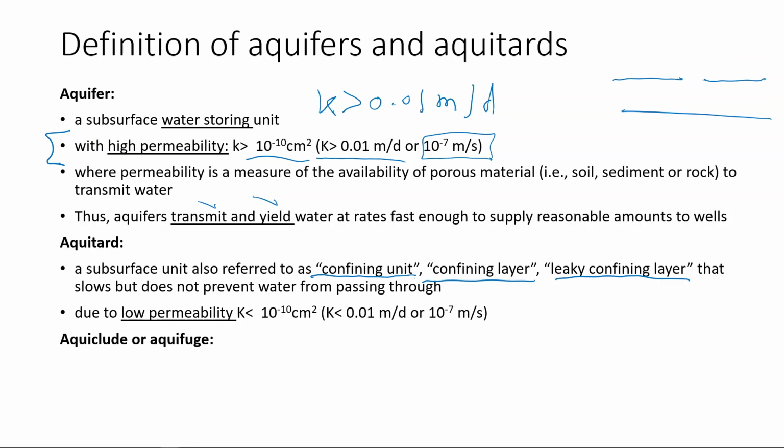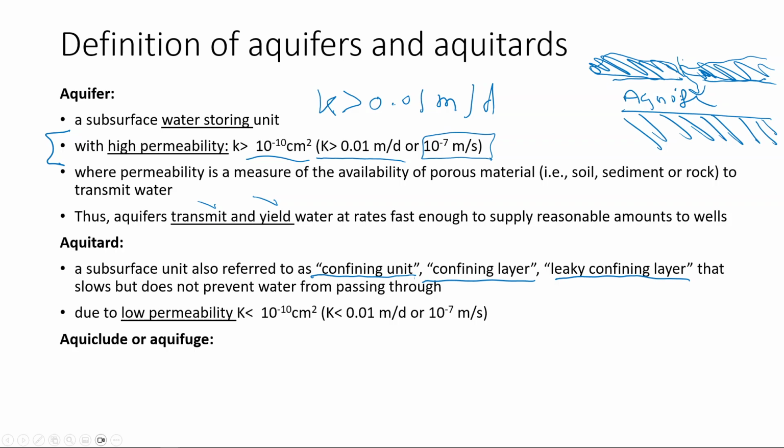So maybe you have a unit here that looks like this, and a unit here that looks like this. These are confining layers, and then there is a leaky area, like some sand here where water can leak. But still this is a confining area, and this is an aquifer, where it can store, transmit, and yield water, while an aquitard would be a confining layer.